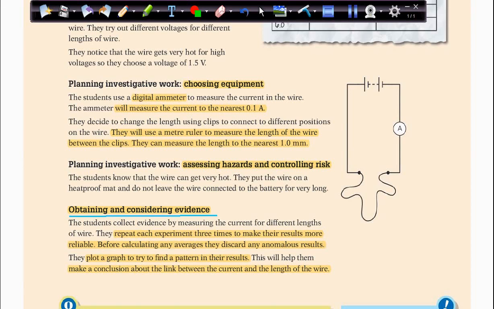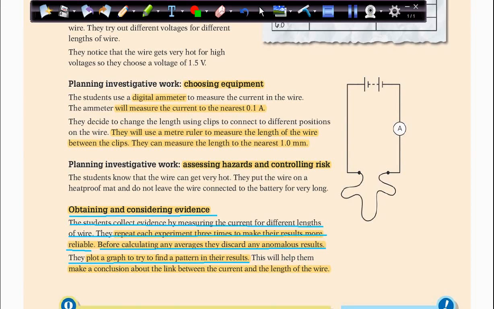The students collect evidence by measuring the current for different lengths of the wire. They repeat each experiment 3 times to make the results more reliable. This is so important. As we said, before calculating any average, they discard any anomalous results, and they plot a graph to try to find a pattern in their results. That's why we need to use graphs or charts.